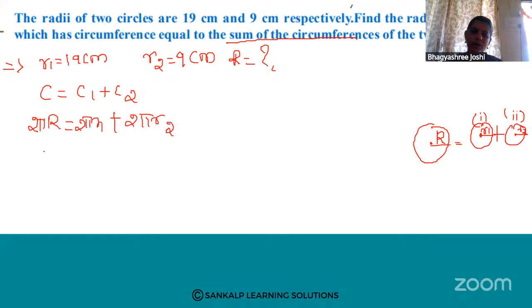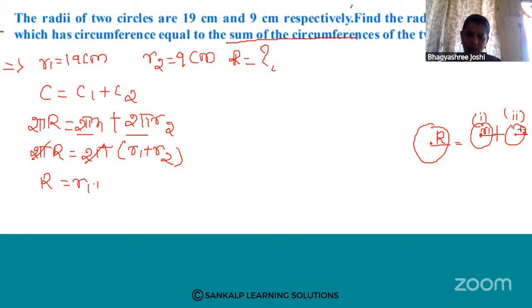Right. Now, 2 pi R is equal to, here 2 pi is common, 2 pi times R1 plus R2. Here also 2 pi and 2 pi will get cancelled. So R is equal to R1 plus R2.